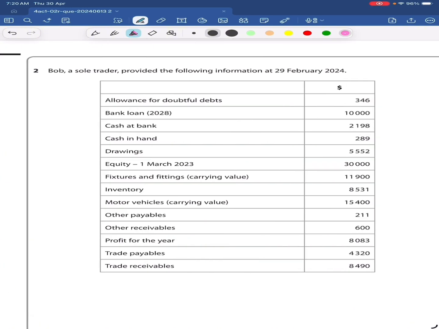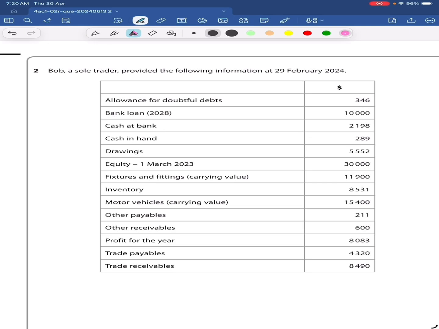Now let's move to the second part of this paper, question 2. Bob, a sole trader, provided the following information as at 29th February 2024.